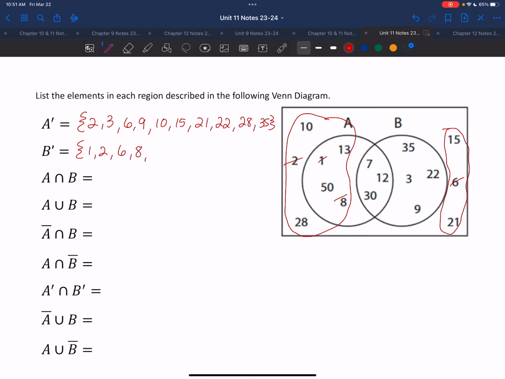And you don't have to list them in order. I'm just doing that because I want to. We've got 10, 13, 15. We've got 21, 28, and 50.